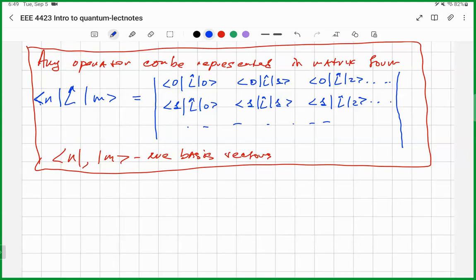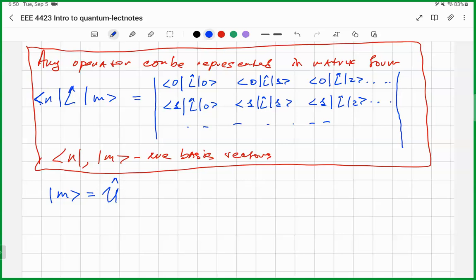But when I change the basis, these vectors n and m become other vectors from the new basis. Let's write it like this. For example, for the vector m, after transformation of the basis, this U now denotes the transformation of the basis. It can be a unitary transformation, for example.